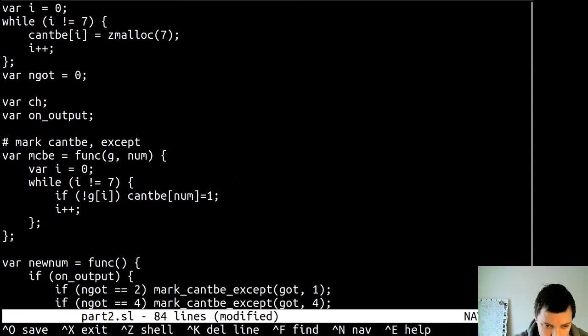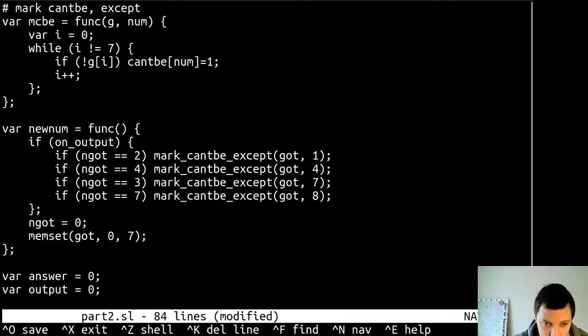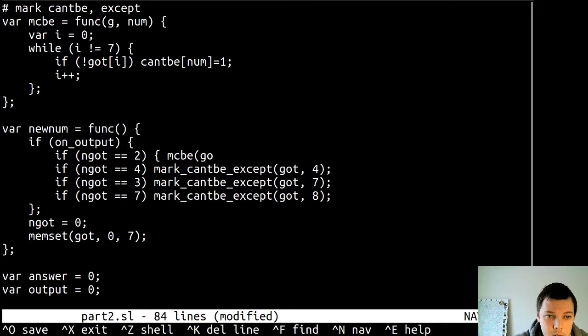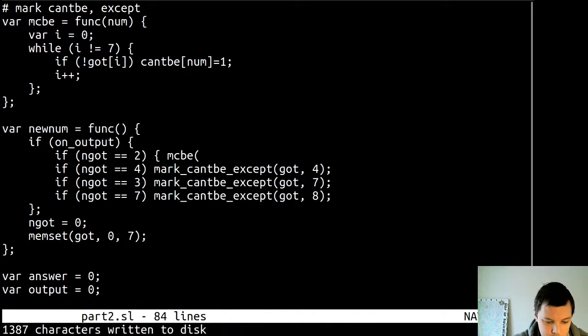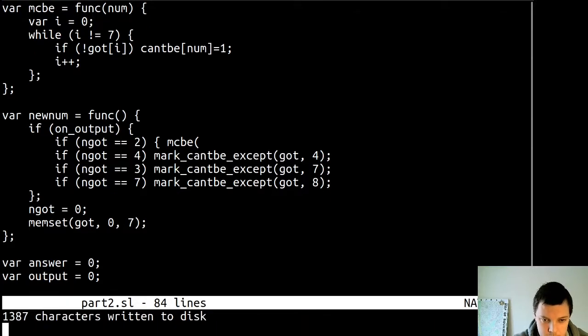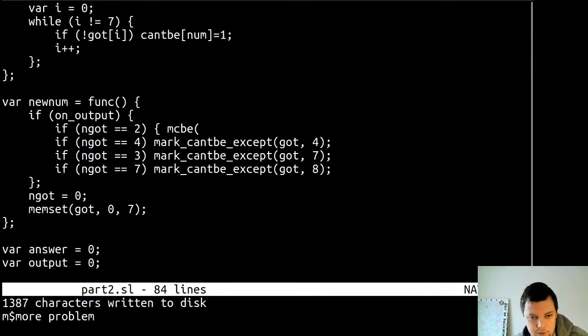And then these are going to go, it can't be except, and actually we won't take got as an argument. So which digits were set in 2? I'm going to write down these, so the segments that are set.